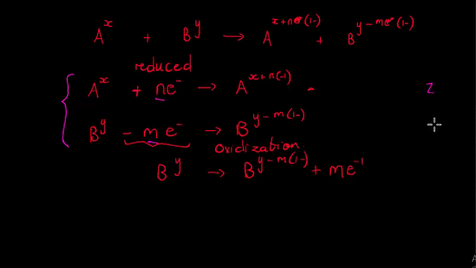So for example, if the one is 2 and the other one is 3, I can just multiply everything here by 3 to make the 2 a 6. If I multiply everything by 3, it would be 3, 6, 3, for example, and everything here I would multiply by 2 to make this one a 6, so it would be 2, 6, 2, and that would give me a way of actually balancing equations.